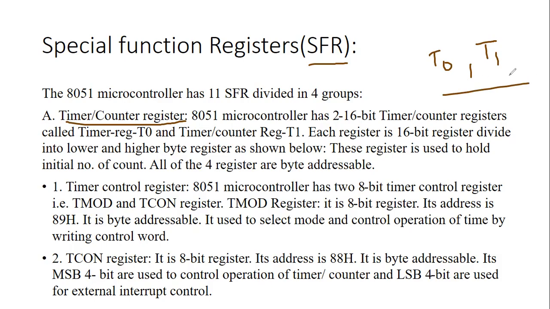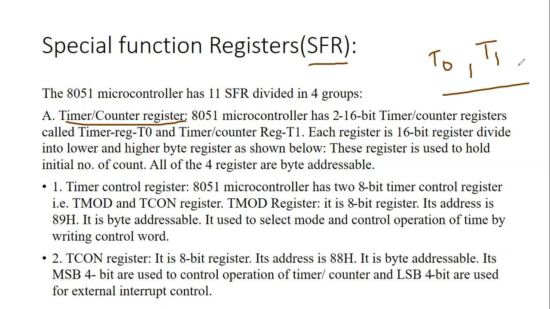These two registers are 16-bit registers and can be used as 16-bit registers or 8-bit registers. Simply, we can say that T0 is a 16-bit register and T1 is also a 16-bit register, so we can perform operations on 16-bit data.